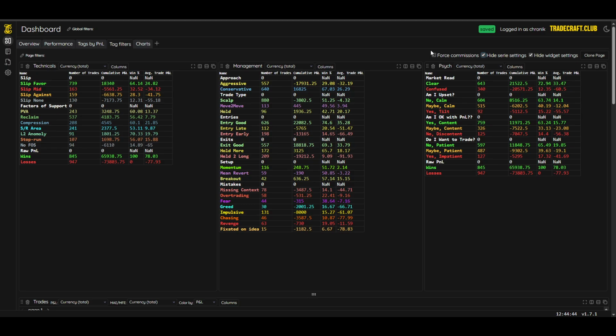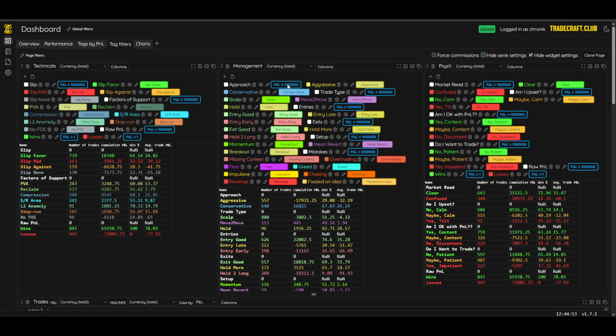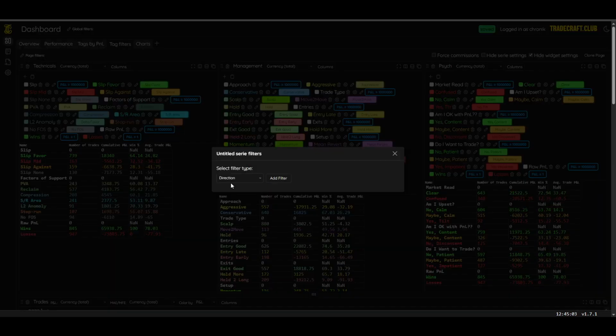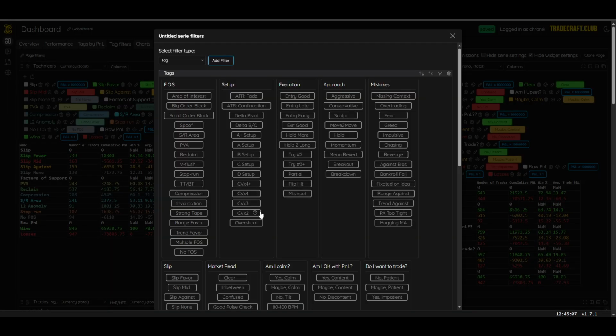Fixated on idea, I think, is an important tag to have. Retry 2, 3, infinity. That means 4, 5 retries. Giving up when I get in a trade and start to give up. Impulsive flip hit. Mistake. Didn't see a pattern. Not gathering information. Those are important. Distracted. Outlier. That's too big of a win or loss because that'll mess up your statistics.